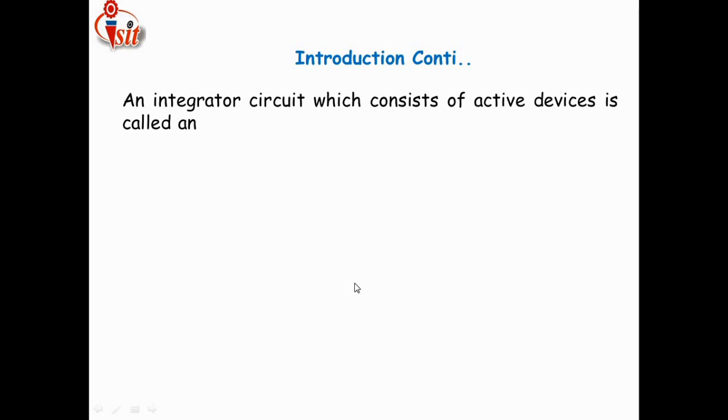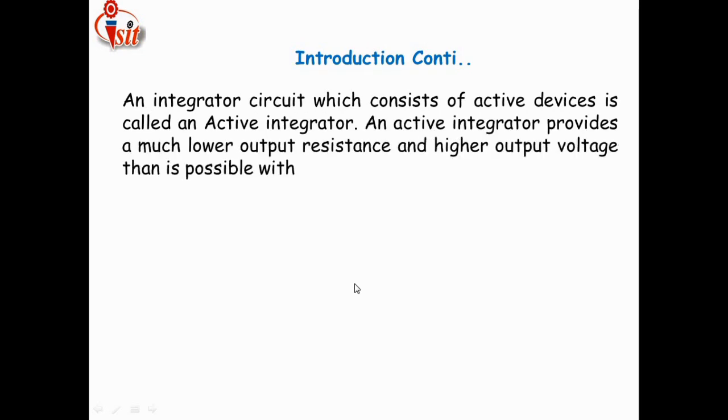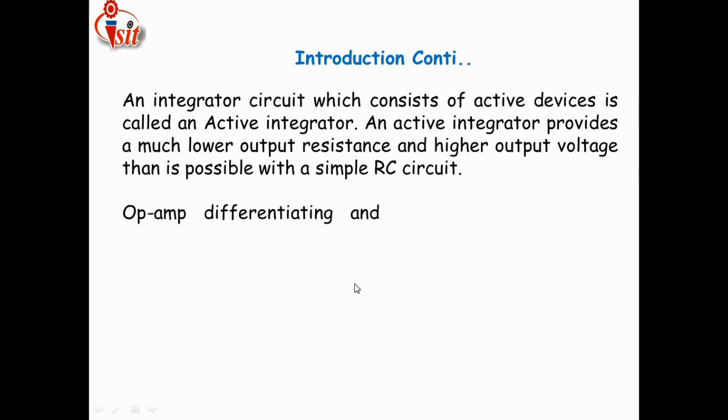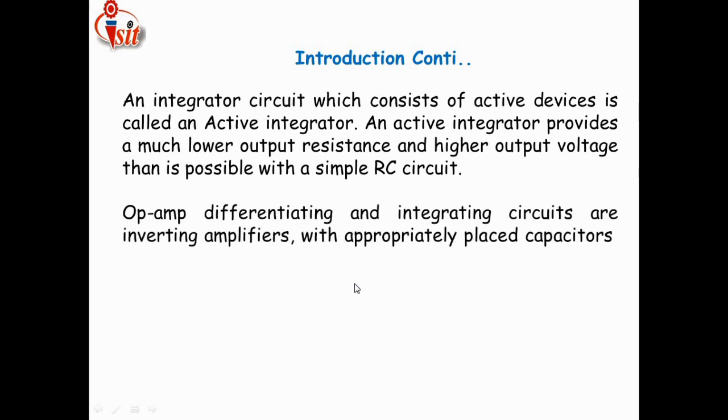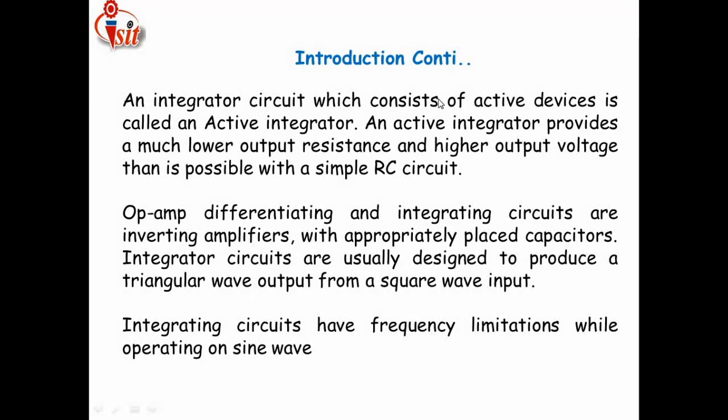An integrator circuit which consists of active devices is called an active integrator, and an active integrator provides a much lower output resistance and higher output voltage. A simple RC circuit is also possible.